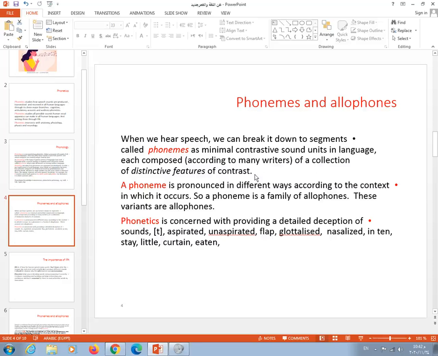So each phoneme is a bundle of features, and at the same time, each phoneme is pronounced in different ways according to the context in which it occurs, according to the word in which it appears. So a phoneme is a family of allophones. What are allophones? Allophones are different sounds of a single phoneme, different versions, variants of a single phoneme.